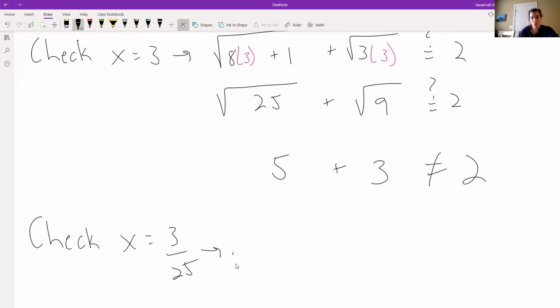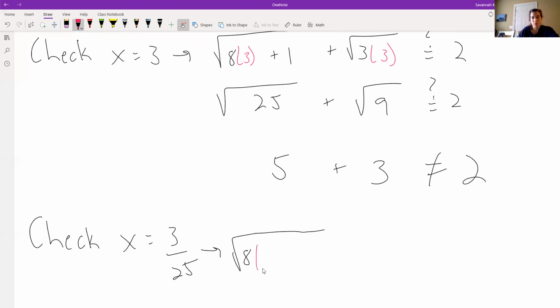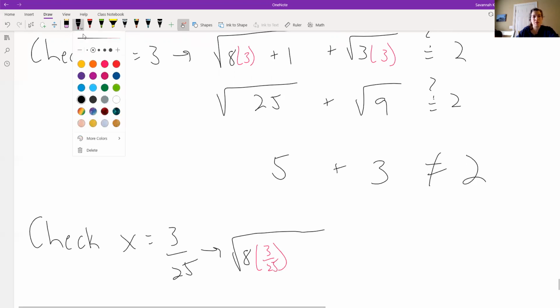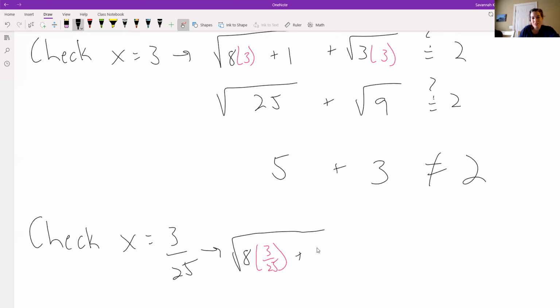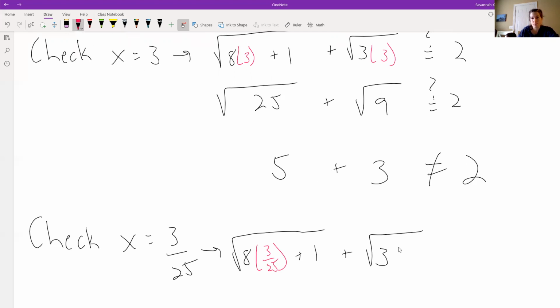Okay, so let's try the ugly fraction. Oh man. Once again, I'm getting scared. This is going to be the messiest thing ever. Oh well.